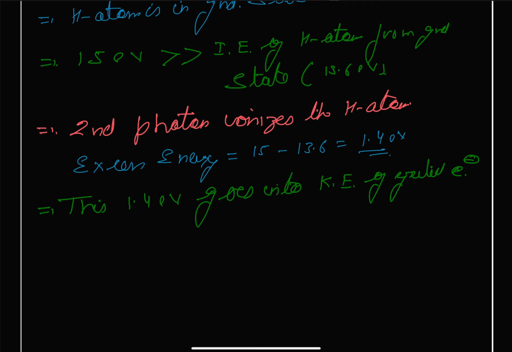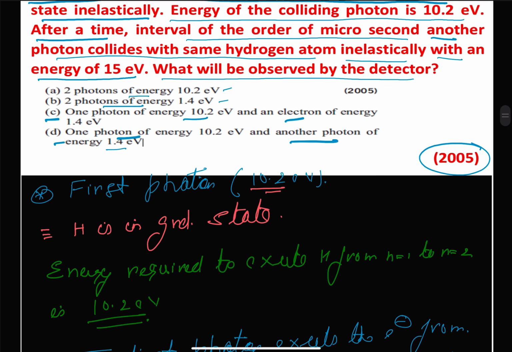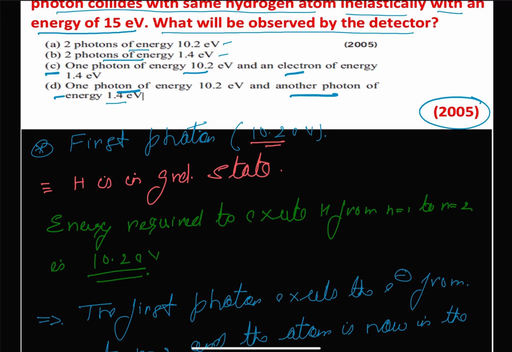So therefore, we can say that the first photon, the atom is excited from n equals 1 to 2, and then it de-excites, which basically emits 10.2 electron volt. So option number C is our correct option, because one photon energy is 10.2 and electron is having energy of 1.4 electron volt. So option C is correct.